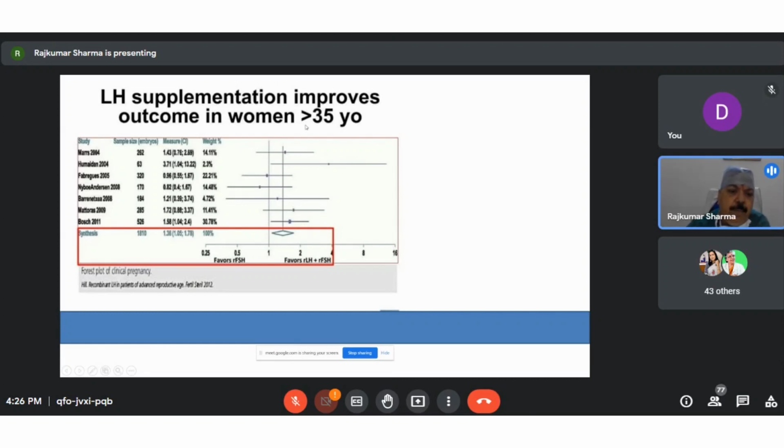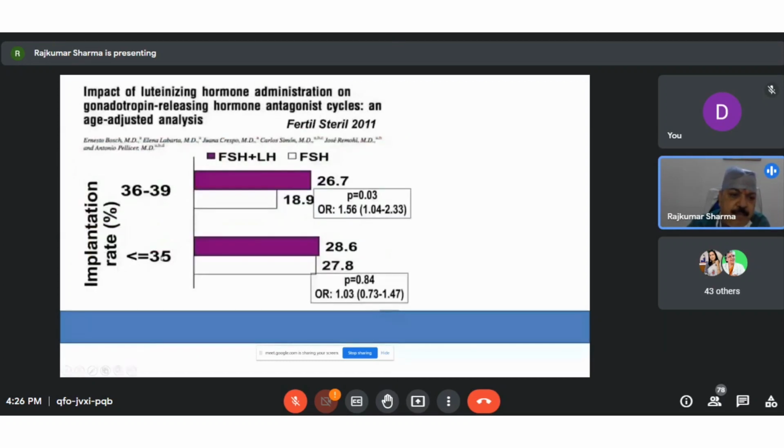Now here, if you see the age-wise data, for women less than 35 years we are seeing the implantation rate. Whether you give them only FSH or FSH plus LH, the pregnancy rate remains the same. The implantation rate remains the same.